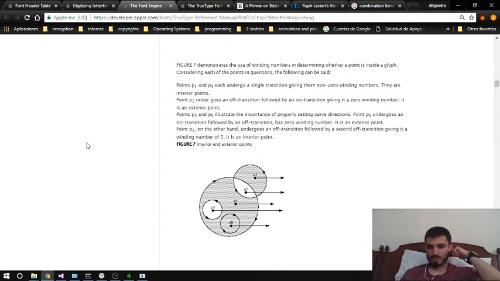So all the rays go in the same direction, and for example P1 and P4 have the same single transition, so there is +1 there. Point P2 undergoes an off transition, giving it a 0 winding number, and that's because the first transition.